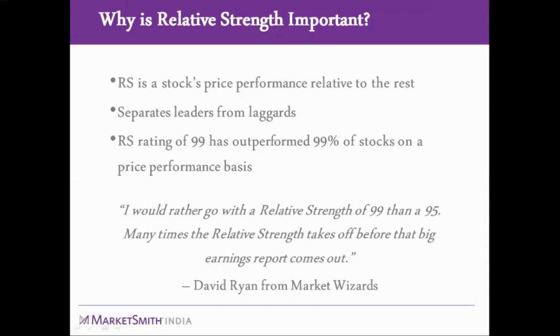So the recent quarter performance is given more weightage, right? There's an interesting quote which I could get from the Market Wizards book, by David Ryan, who was a former portfolio manager with William O'Neil. He says, I would rather go with a relative strength of 99 than a 95, because many times the relative strength takes off before that big earnings report comes out.